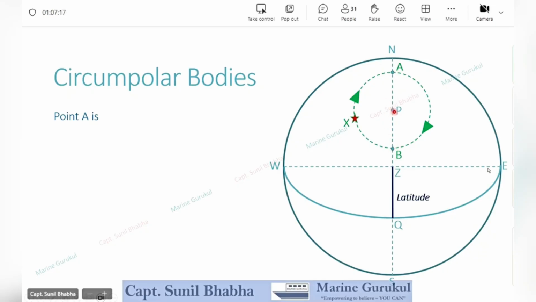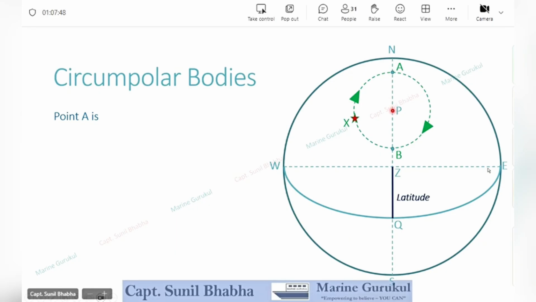One of them is the meridian passage on the observer meridian. If you look carefully in the diagram, P is the pole and P, Z, Q, S is the observer's meridian, and you can see that at point B, the body crosses the meridian of the observer. Now at the second instant, that is at point A, it is crossing the inferior meridian of the observer, or the opposite meridian of the observer.